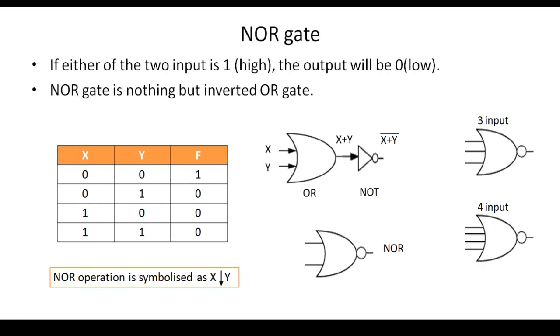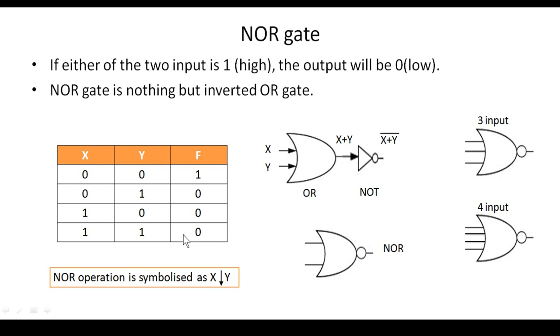If either of the two inputs is 1, that is high, the output will be 0, that is low. When you read it, you may not be able to understand. Just remember the OR gate truth table. You can see the truth table given here. You have two inputs and one output. In an OR gate, you fill up with all ones.